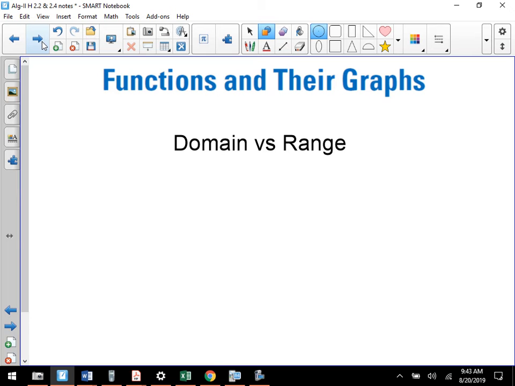Domain. What comes first in the alphabet, X or Y? X. So your X values go with domain, your Y values go with range. It sounds stupid, but it's the easiest way to remember most of these things.